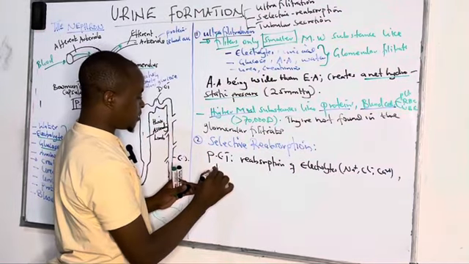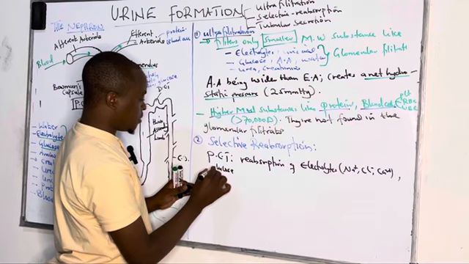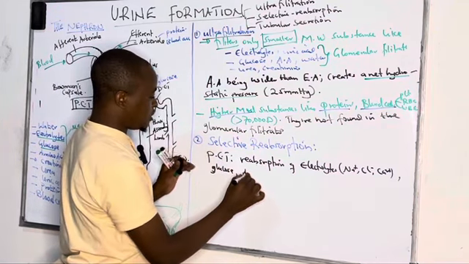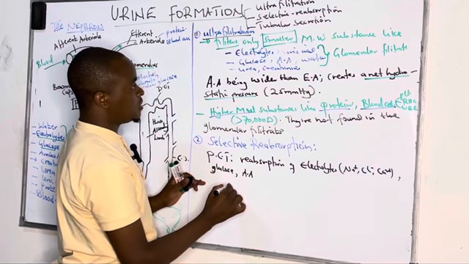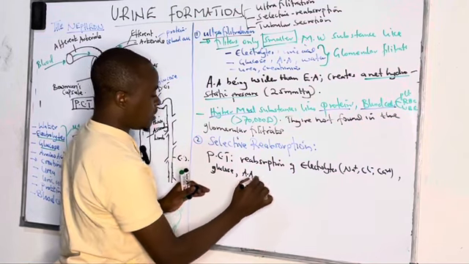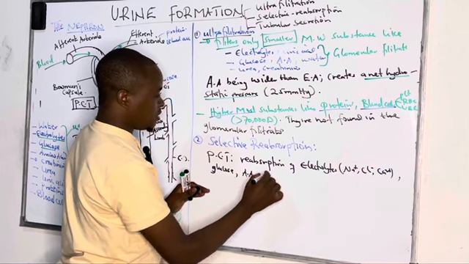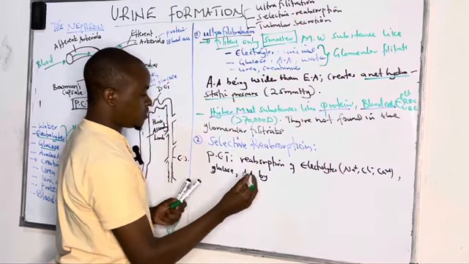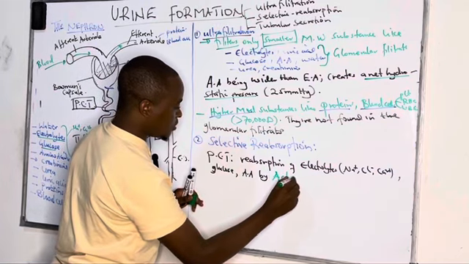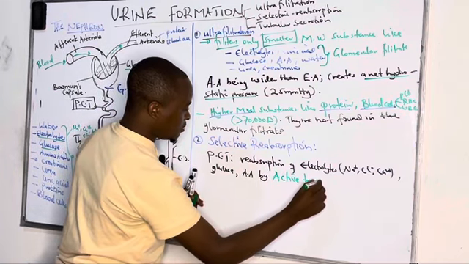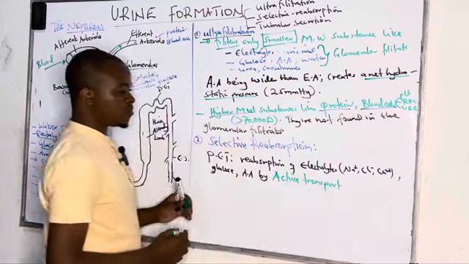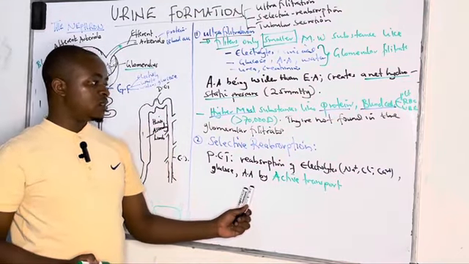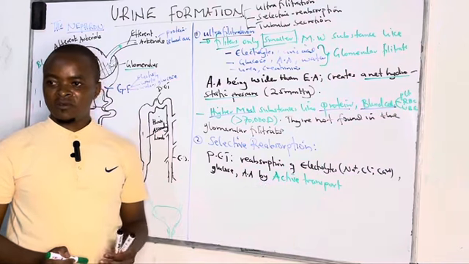Then we have glucose. Then we have amino acids. Amino acids are reabsorbed, and this reabsorption is by active transport. They are actively reabsorbed. So to reabsorb electrolytes, glucose and amino acids, we need energy in the form of ATP.